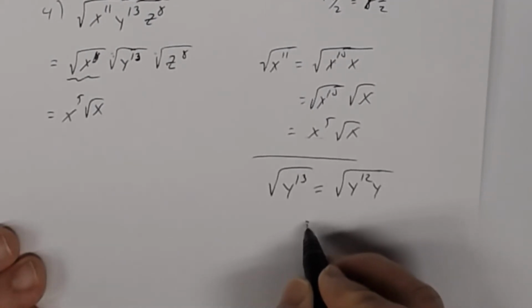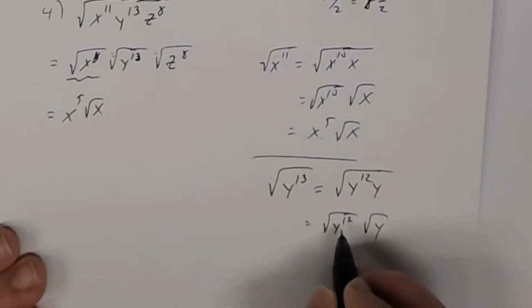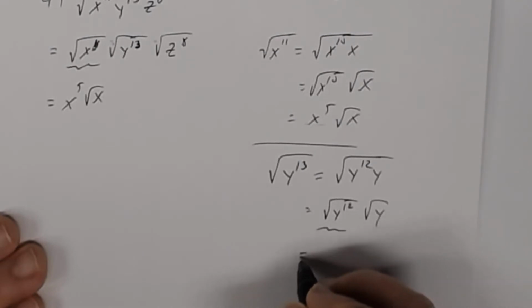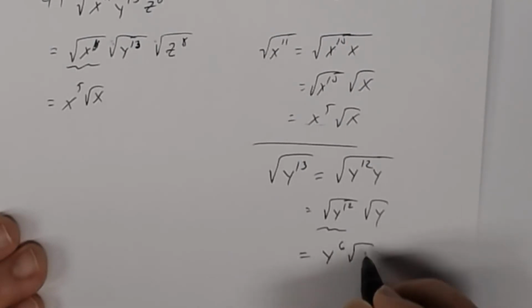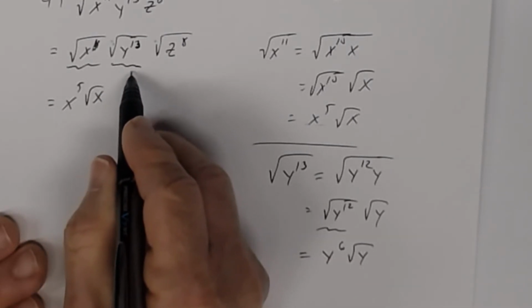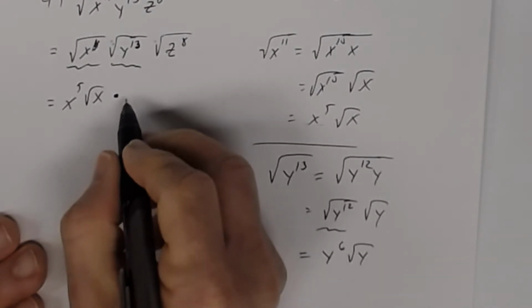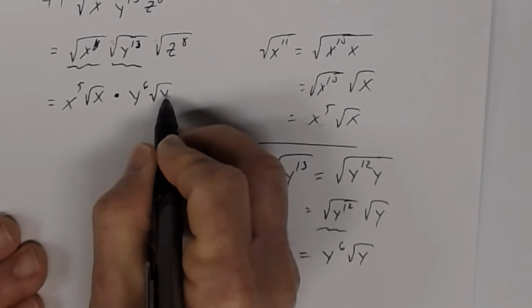Using the product property, this becomes the square root of y to the 12th times the square root of y. 12 is divisible by 2, so that becomes y to the 6th. So this is y to the 6th square root of y. And I cannot simplify the square root of y because 1 is less than 2.